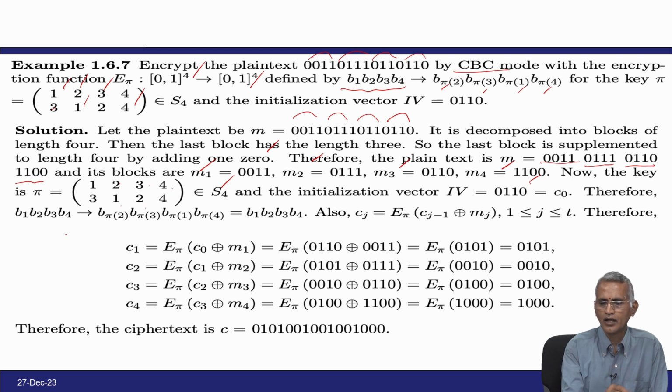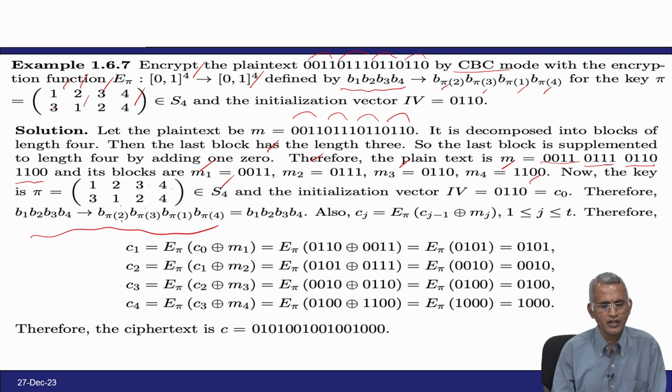Therefore, the block defined by the function is B1, B2, B3, B4, which should be like that: B of pi of 2, B of pi of 3, and then B of pi of 1 and B of pi of 4. That is, 1 maps to 3, 3 maps to 2, 2 maps to 1 and 4 maps to 4. 4 is identity here.